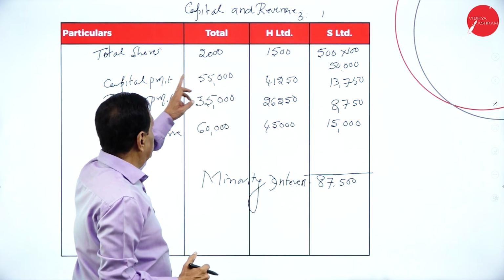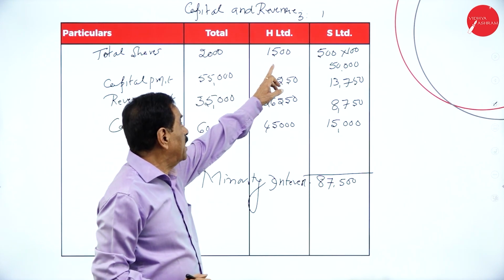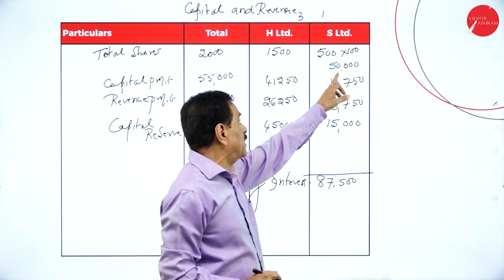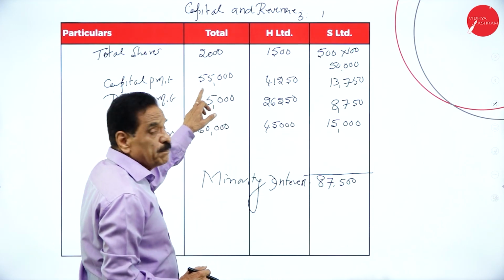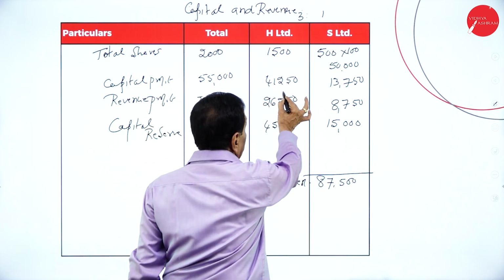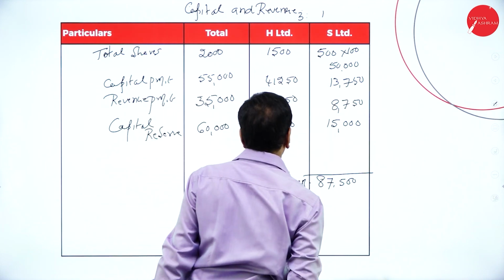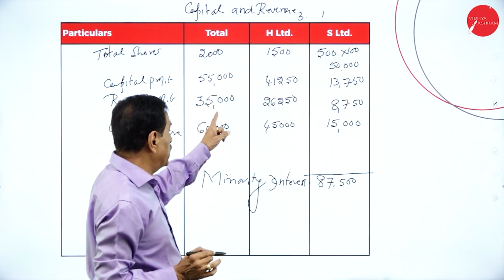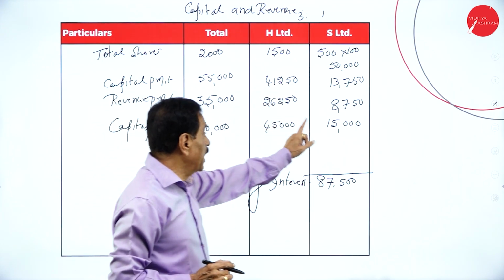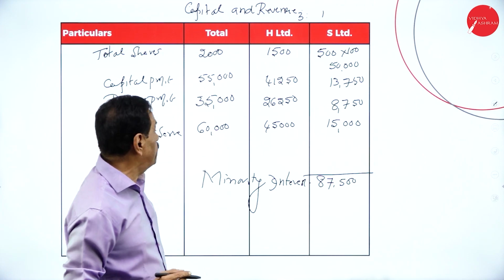So total shares are 2,000, acquired by H Limited 1,500, 500 goes to S Limited, 500 into 100 is 50,000. Capital profit as per calculation is 55,000. 3 by 4 is 41,250, and 13,750. Revenue profit is 35,000: 26,250 goes to H Limited, 8,750 goes to S Limited.